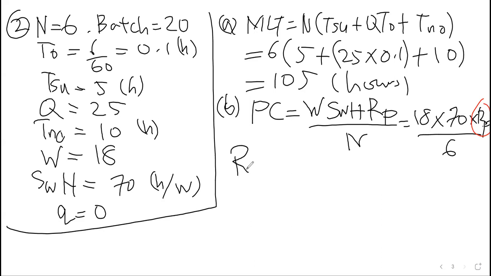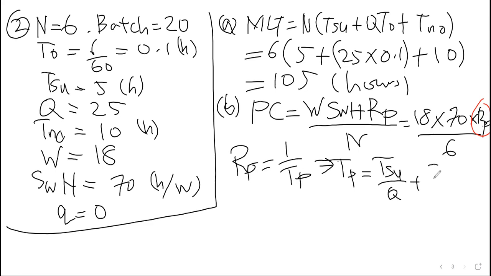So RP equals 1 over TP. For TP you can use the same formula from previously: TSU plus Q times T operation, over 1 minus scrap Q. So you have TSU setup time 5, Q is 25, plus T operation 0.1, over 1 minus 0.